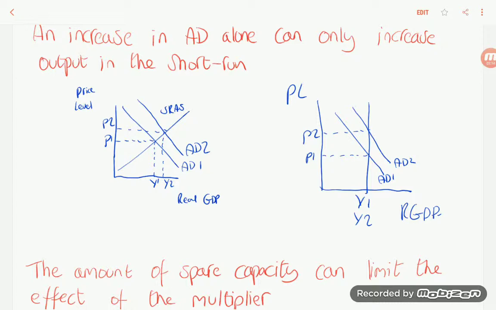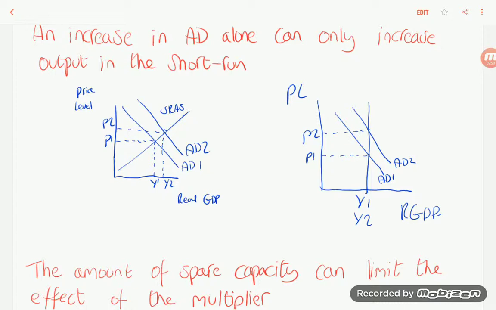But the output hasn't changed. And, interestingly, unemployment cannot fall because the economy is already at full capacity. So the only effect is that price rises again, and this is an example of demand pull inflation.